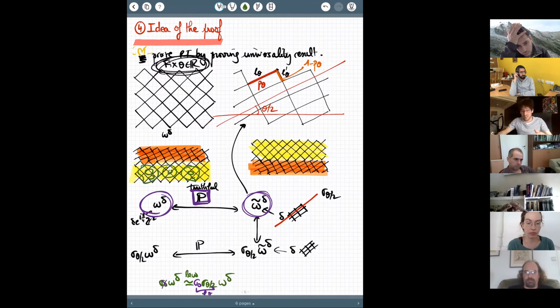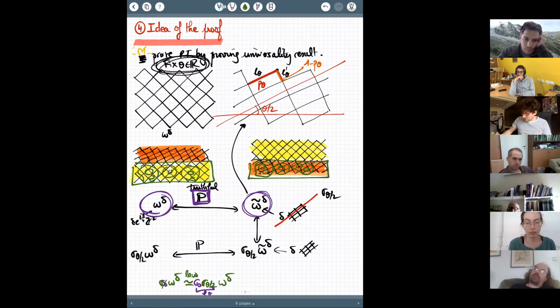But what you will end up with at the end, if you can prove that the loops are not altered too much by the star-triangle transformation, is a collection of loops which is very close to the original one. But here I was on the rectangular lattice, and now I am on the square lattice, and now I'm on this rectangular lattice. Okay?